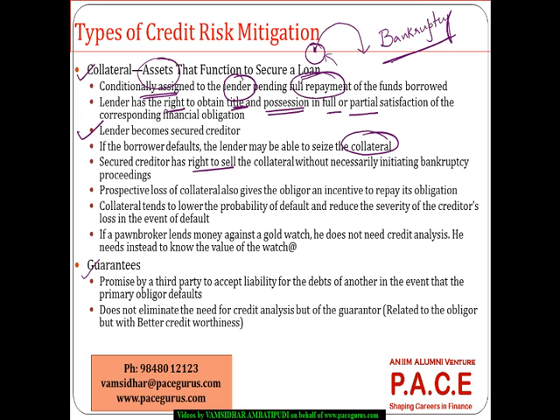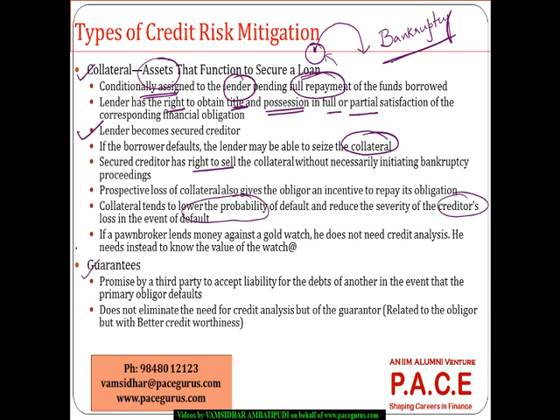So even from a borrower's perspective, there would be an effort in terms of repaying the loan, which will in a way reduce the probability of default. And even from the lender's or creditor's perspective, the severity of the loss is also reduced. So that is how the credit risk mitigant is really helping in improving the creditworthiness of the counterparty and overall reducing the credit risk to the lender.